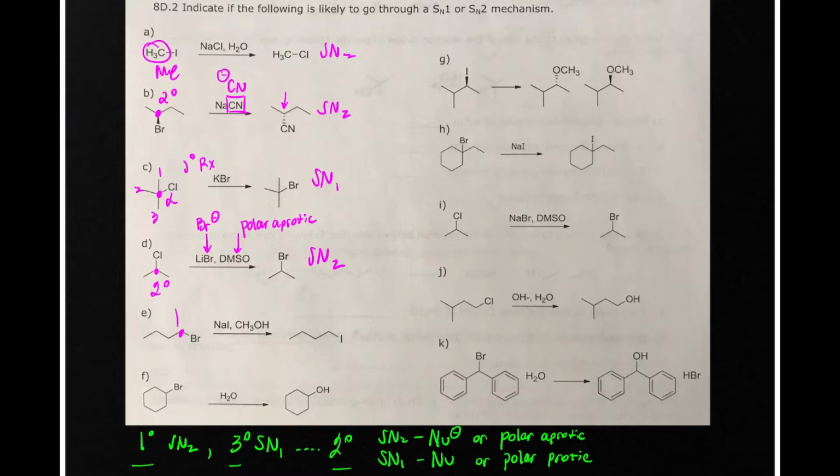Next up, we have a primary alkyl halide, so we don't need to think anything further, it's SN2. Here we have a secondary alkyl halide, so we need to think about the conditions. If we have a neutral nucleophile, which is water, or a polar protic solvent, which is water, it's going to be SN1. Okay, so that's how we break the tie there.